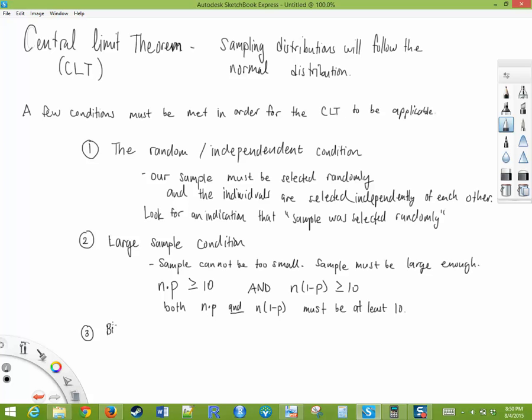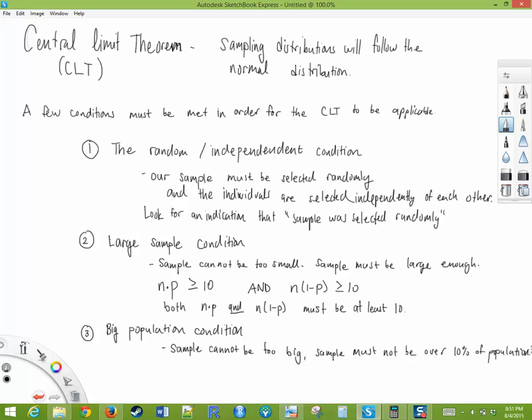Okay, and the last one is the big population condition. Basically, your sample cannot be more than 10% of the population. Sample cannot be too big. Sample must not be over 10% of the population.